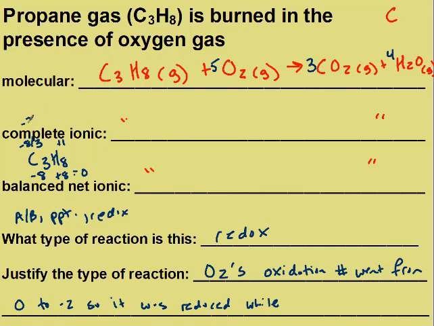So -2.67. On the other side, our CO2, we had -2, so that's -4. So this is +4. So it went from a -2.67 to a +4. That's more positive.